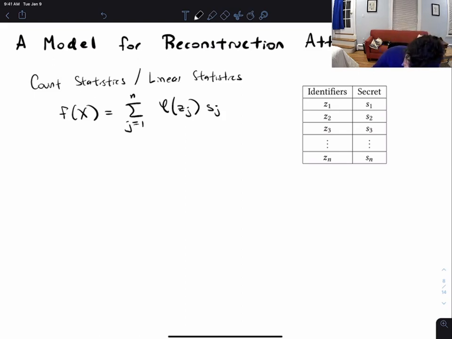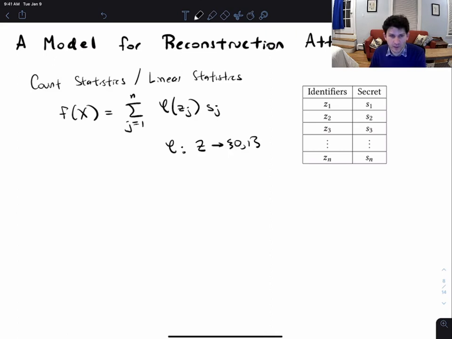So phi is some function that maps the identifiers to 0 or 1. How can you interpret this funny query? Well, when is the jth term in the sum 1? It's 1 if and only if the secret bit is 1 and phi of zj is 1.